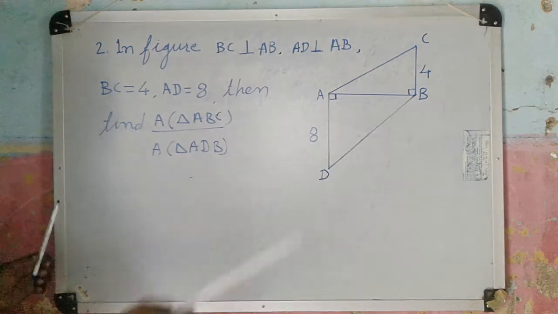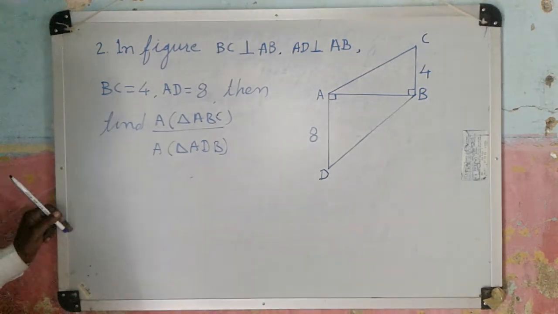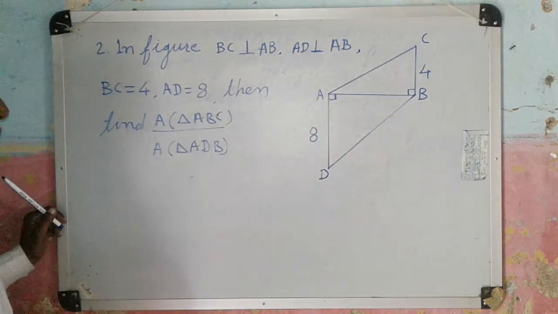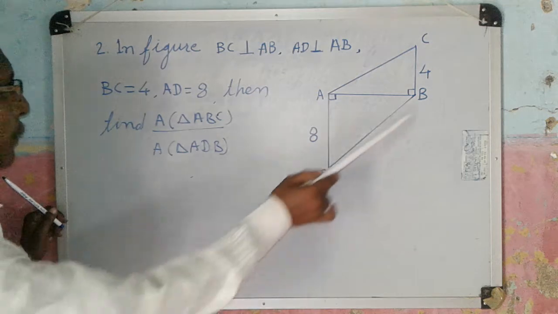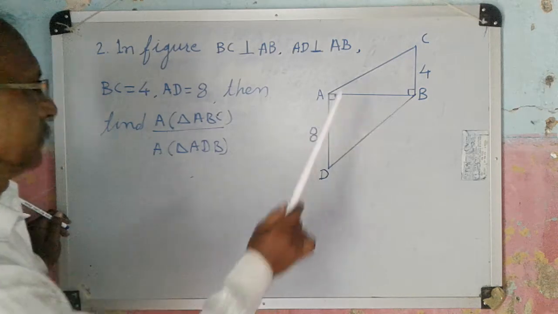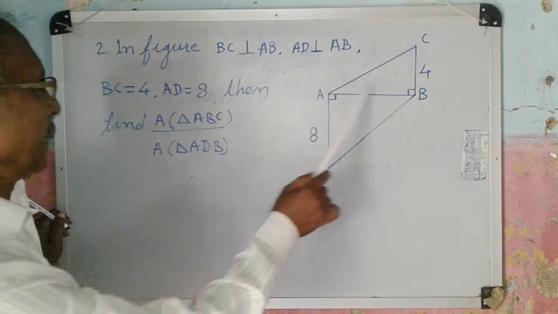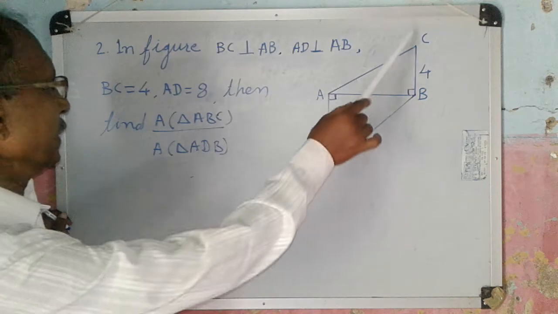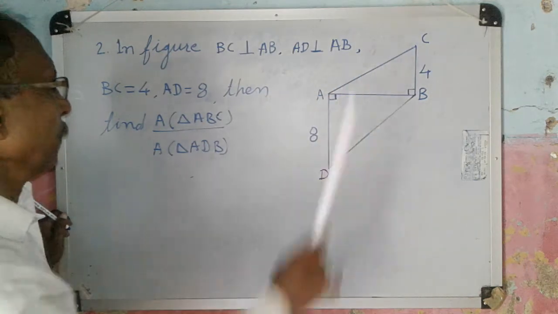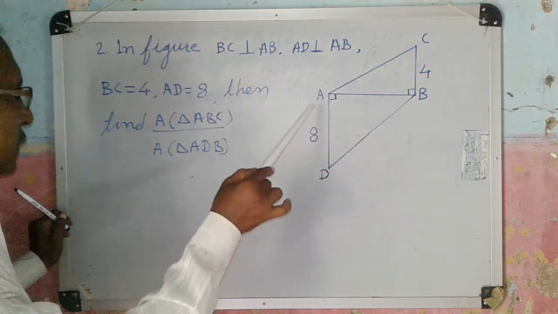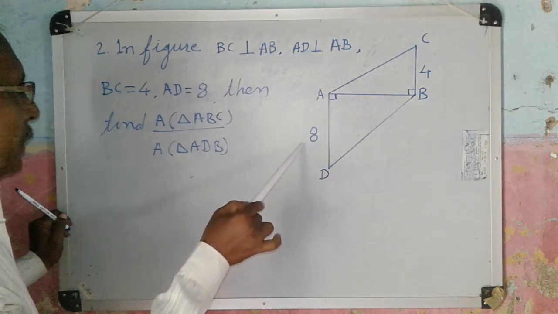Now if you observe this figure, these triangles, that means triangle ABC and triangle ADB, both the triangles have same base. That means AB is the common base for both the triangles, but heights are different. The height of triangle ABC is BC and it is given 4, and the height of triangle ABD is AD and it is given 8.